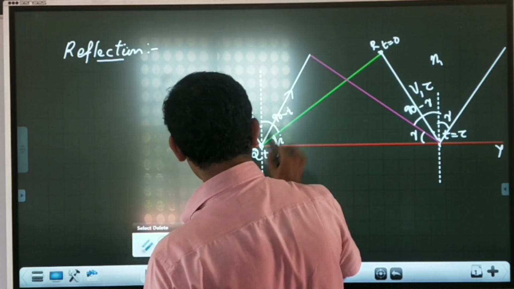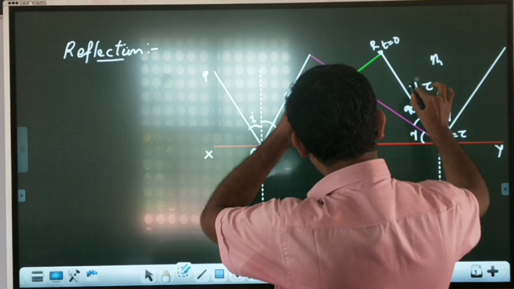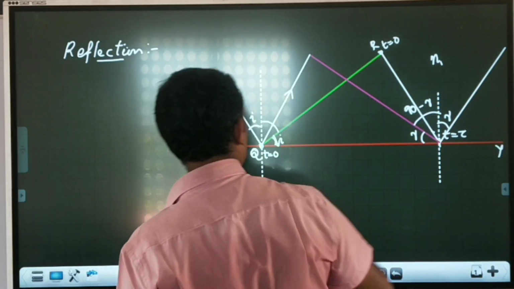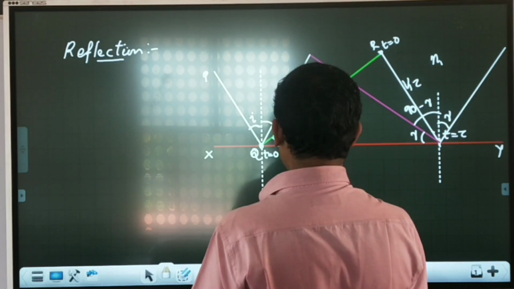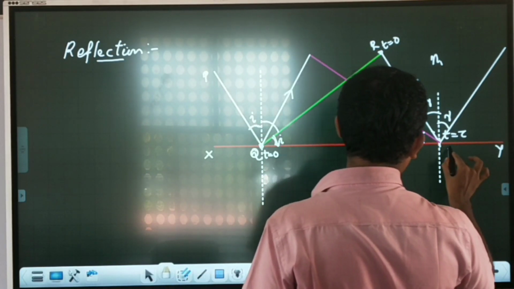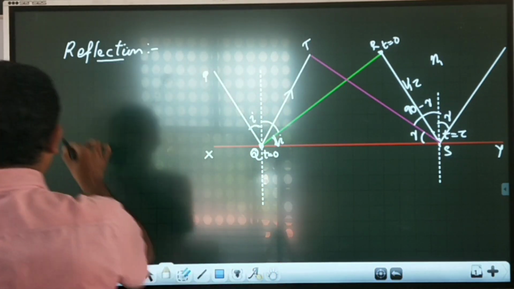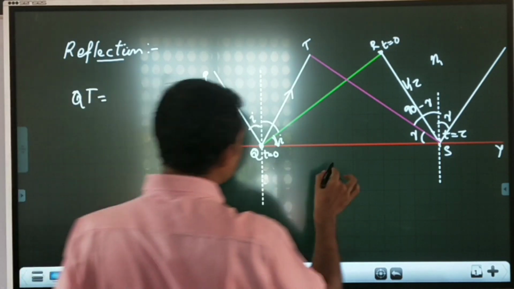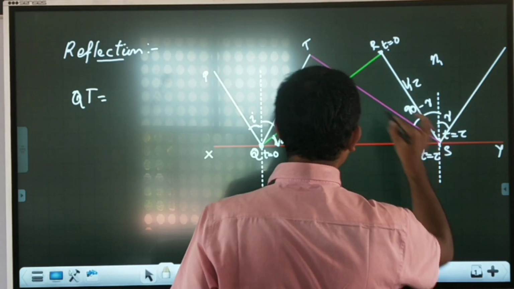Now what I can say here is, wiping out this 90 minus i, wiping out this also. Now P Q R S T. So from here I can say Qt is equal to, so this is the wavefront at t equal to 0, this is the wavefront at t equal to tau.